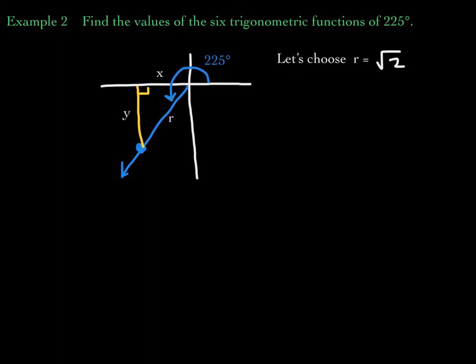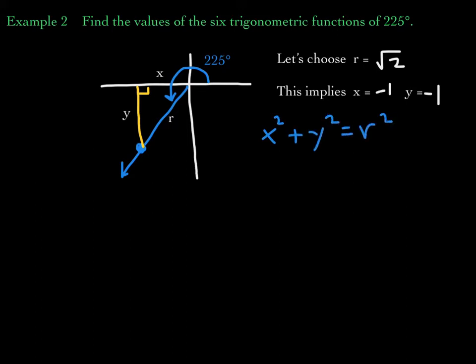We have to find the values of x and y. Both of them are going to be negative because we're in quadrant 3 here. But we have to choose the values for x and y such that x squared plus y squared gives us r squared. Well, that must mean x is -1 and y is -1. Because, after all, by the Pythagorean theorem, x squared plus y squared must be equal to r squared.